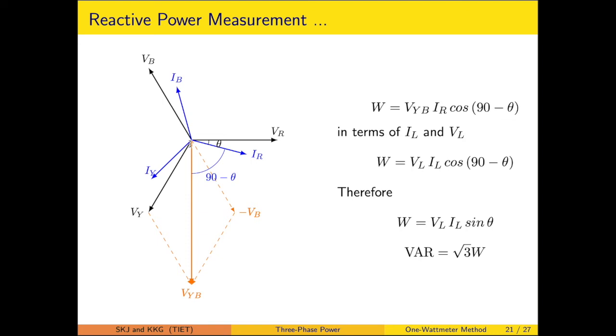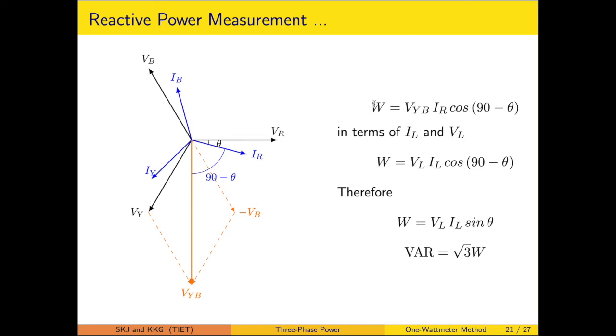To calculate VYB, you have to mark a negative voltage phasor, minus VB. Once that is drawn, VY and minus VB are added by the law of parallelogram, and it comes out like this. In this situation, the angle is coming out to be 90 minus theta degree.